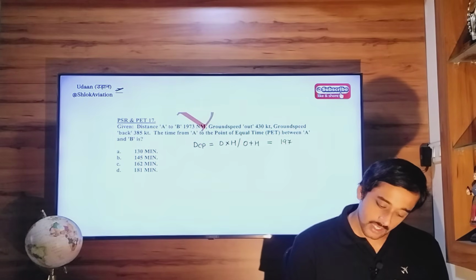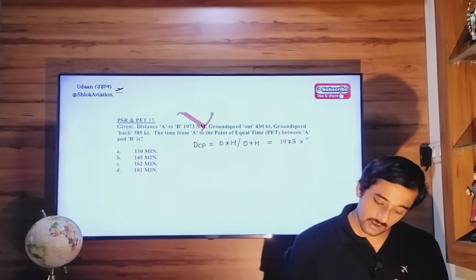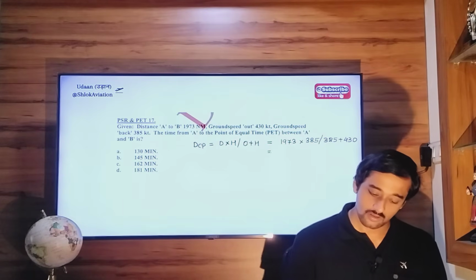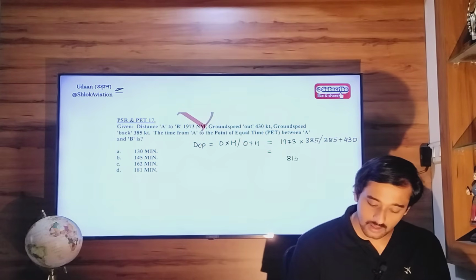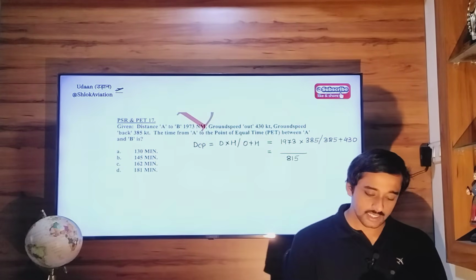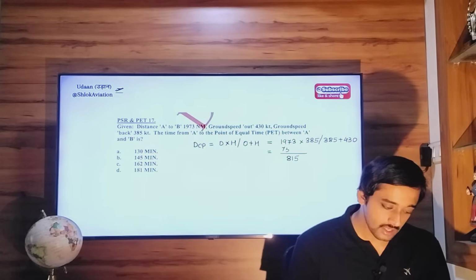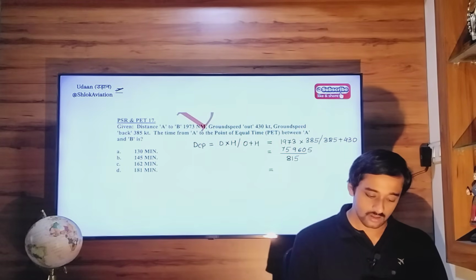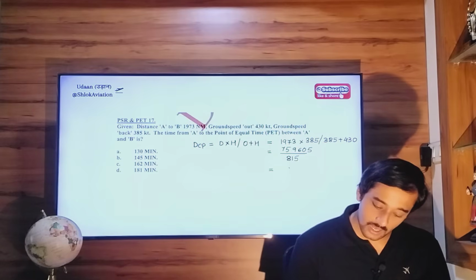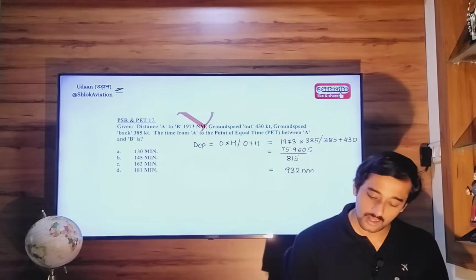So 1973 multiplied by 385 divided by 385 plus 430. 385 plus 430 is 815. 1973 into 385 is 759605, which gives 932 nautical miles.